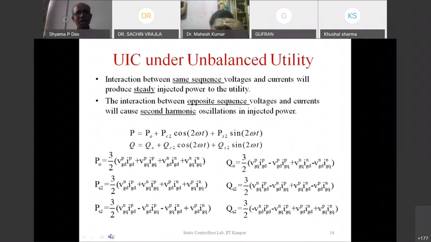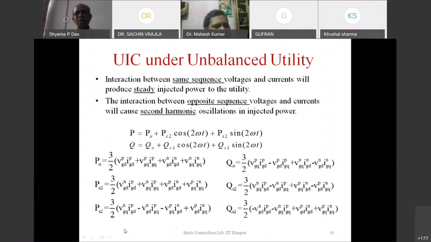And similarly, the oscillatory power PC2 will have the interaction of the negative with positive and positive with negative component. Now this can be seen from the equation. The equation shows that the oscillatory component comes because of the interaction of negative with positive or positive with negative sequence.